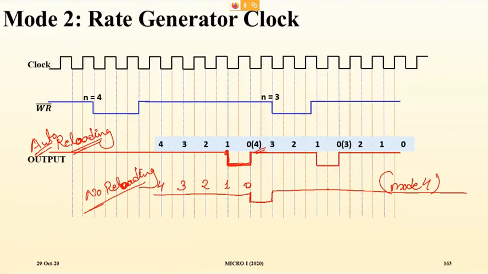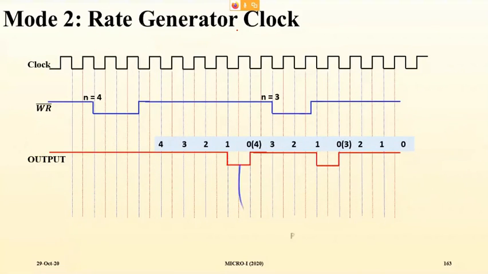In mode 2 it remains low after 1, that means 1 to 0 will always be low. But in mode 4, after 0 it remains low and then the output remains high unless you reload it manually. So this is mode 4, and here we have mode 2. Mode 2 and mode 4 are very close to each other. The rate generator is auto reloaded, but in mode 4 it is not auto reloaded.